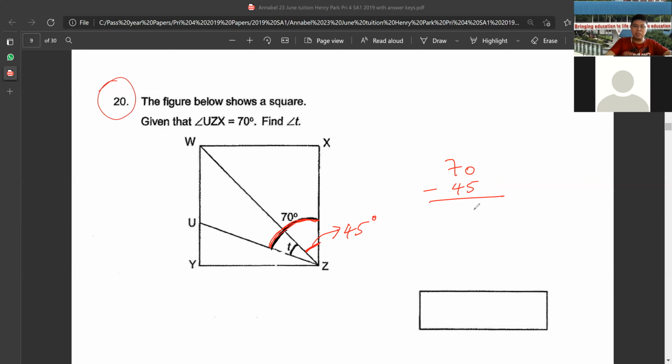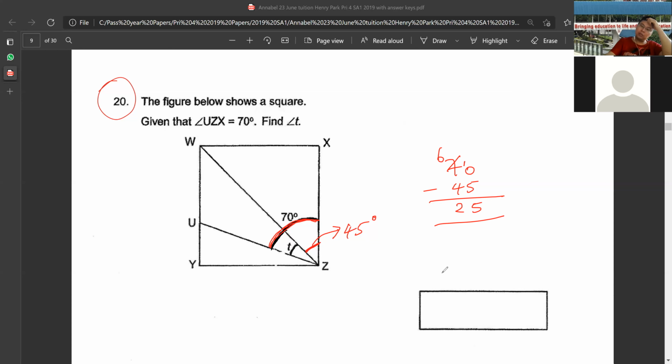You minus off. Let's do together. What must I do? 0 change to 10. Then that one change to 6. And then at the bottom, 10 minus 5 equals 5. 6 minus 4 equals 2.